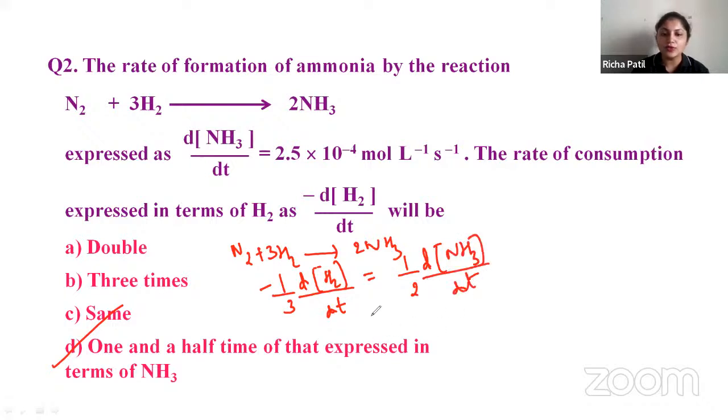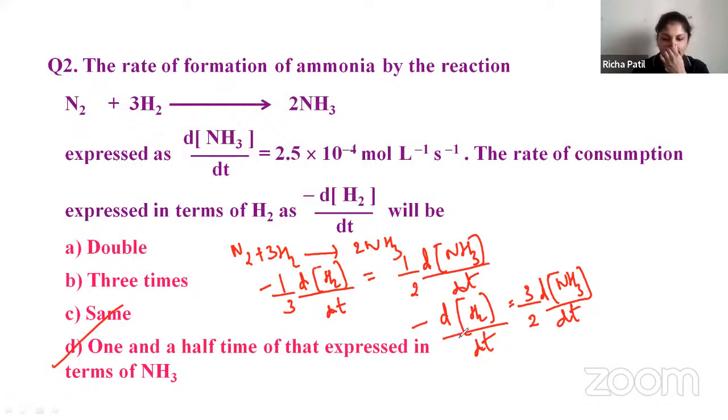So this 3 goes here, so d H2 by dt gives you 3 by 2 d of NH3 by dt. So it is 1.5 times that expressed in terms of NH3. So this is the answer.